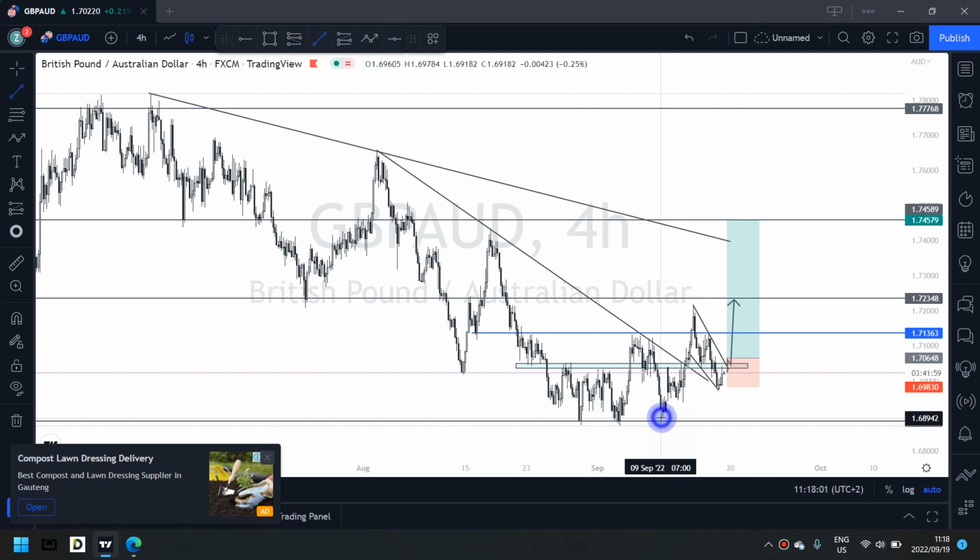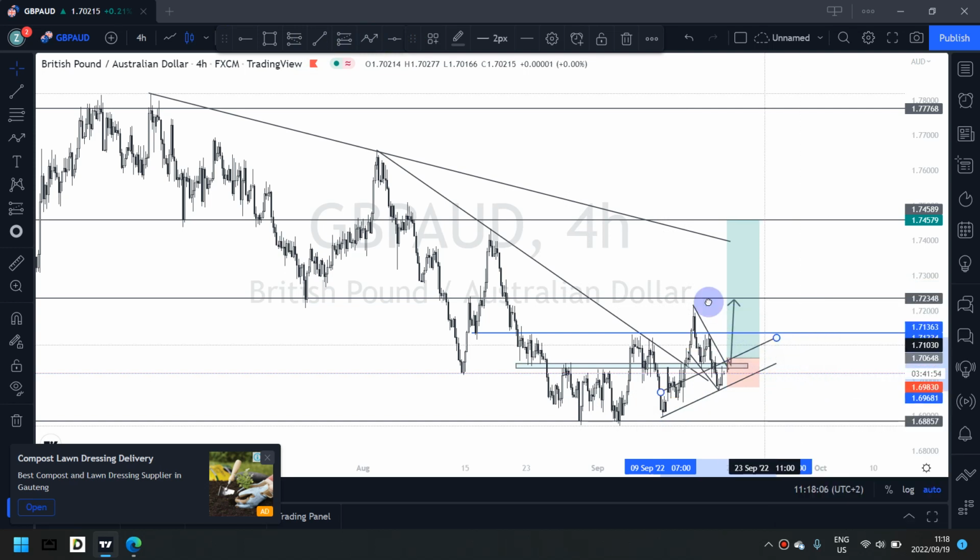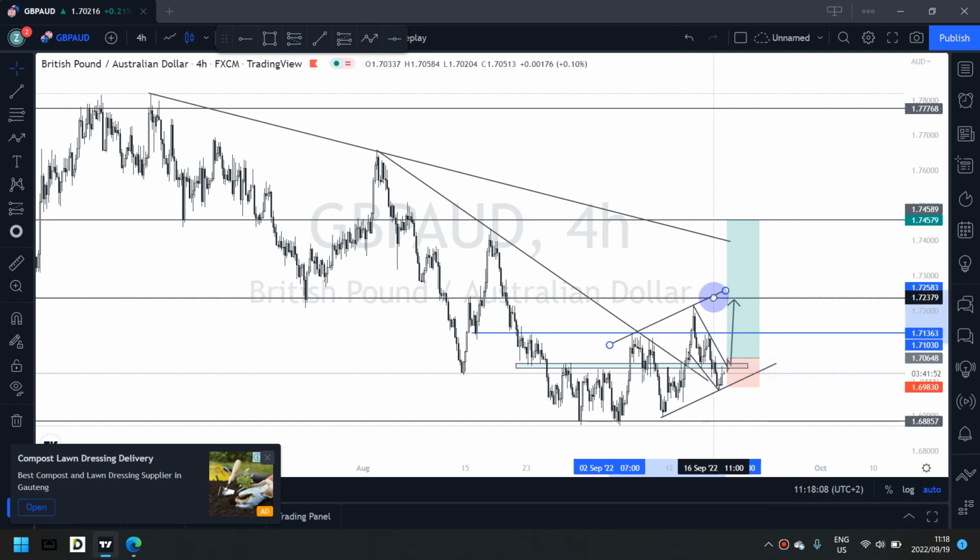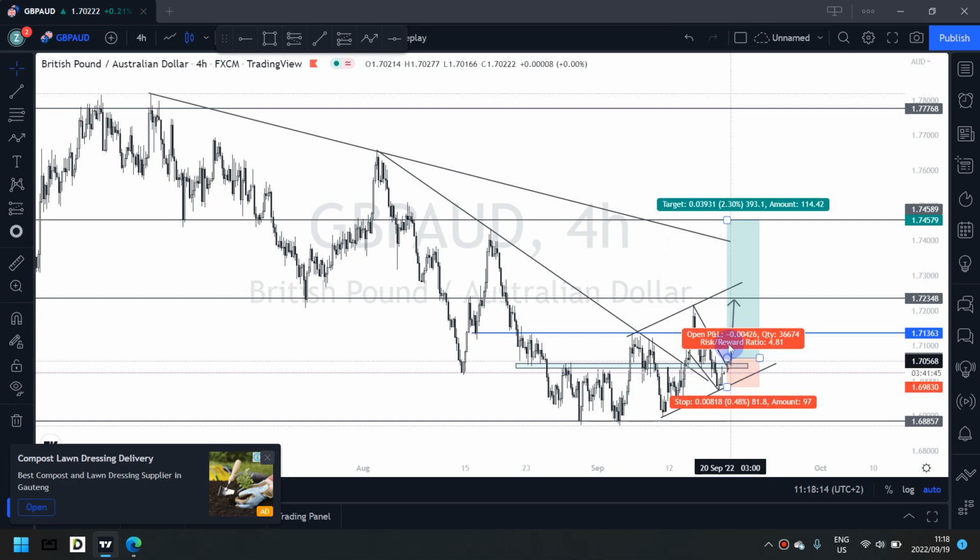There's a lot to take here. Look at this. Seeing that this is an uptrend, should we cater for the buy?